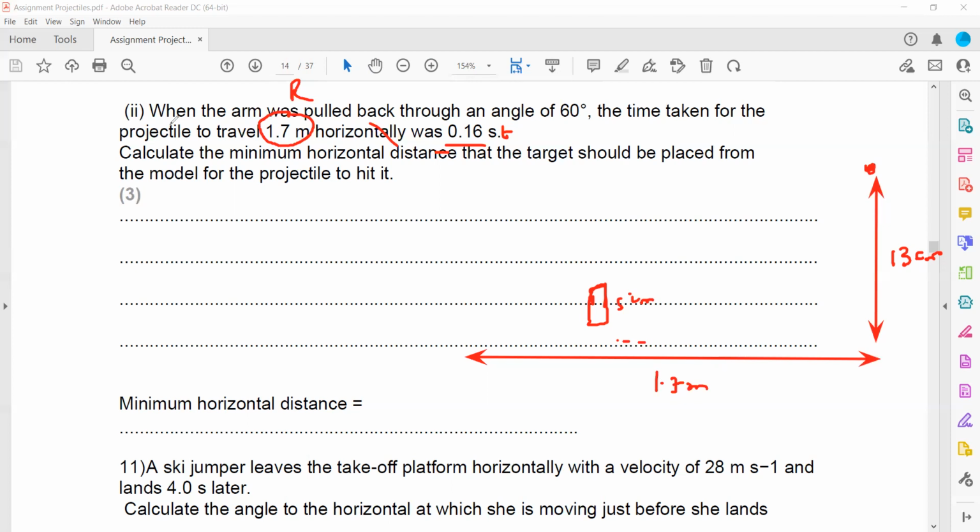Speed is distance divided by time. So the horizontal or launching speed is distance divided by time, where distance is 1.7 and time is 0.16. So 1.7 divided by 0.16 will give us the horizontal speed, which is 10.6. So it is launched at a horizontal speed of 10.6.